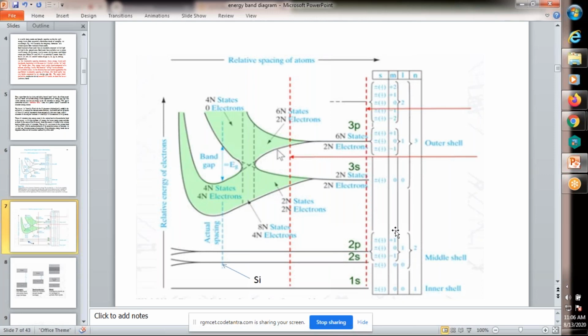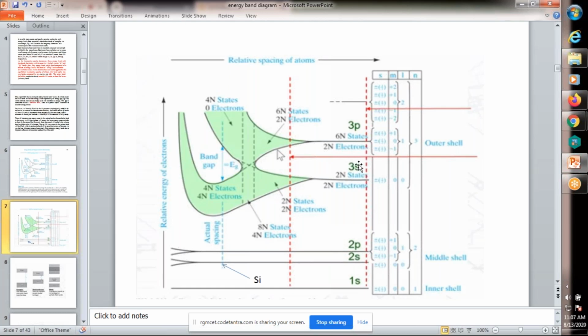Coming from right to left, the relative spacing of atoms decreases. As the relative spacing decreases, these energy levels split. These are the inner energy states, 1s, 2s, 2p, and the outermost energy states are 3s and 3p.